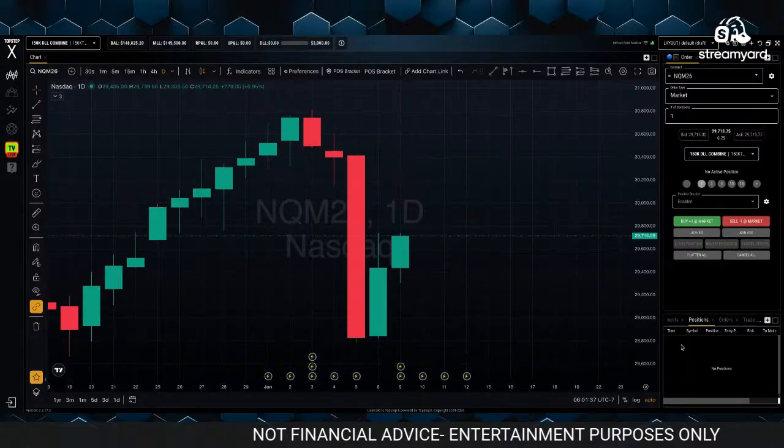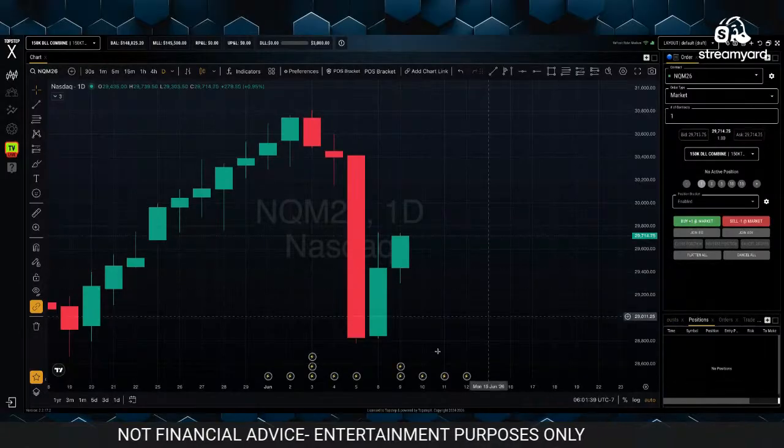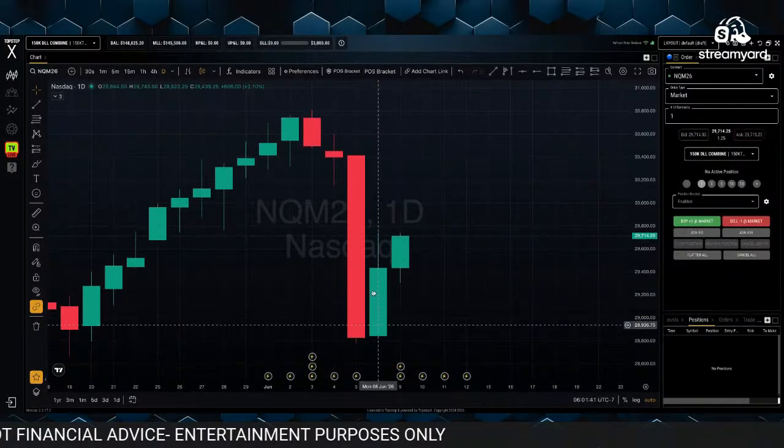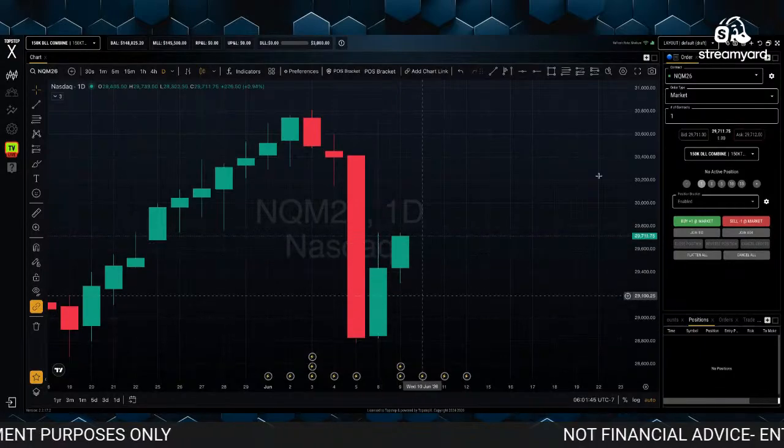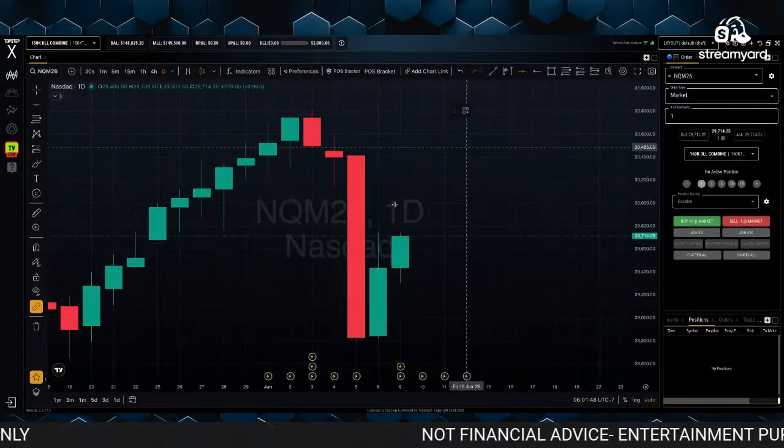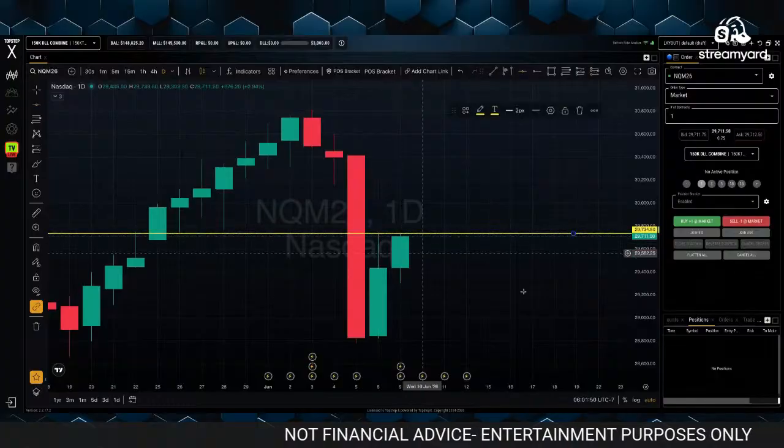The first thing I am gonna do is mark out this candle right here, which is yesterday's candle. So I'm gonna make a line here at the top of that candle.